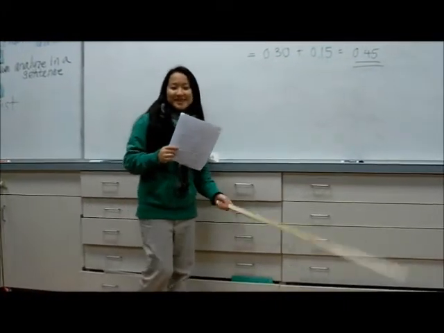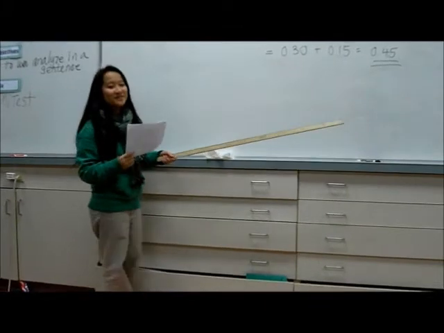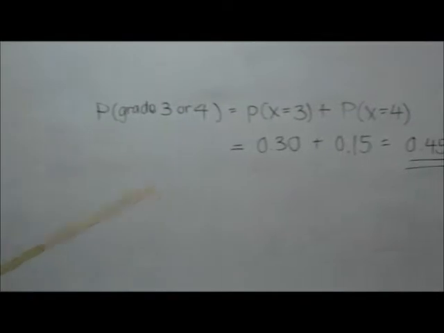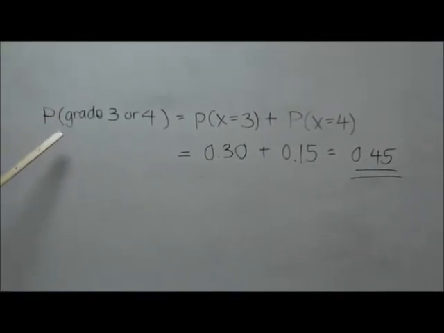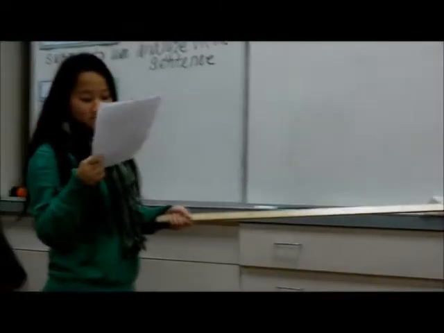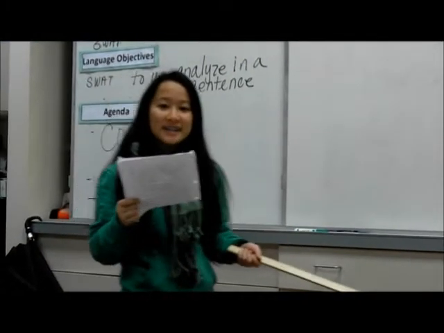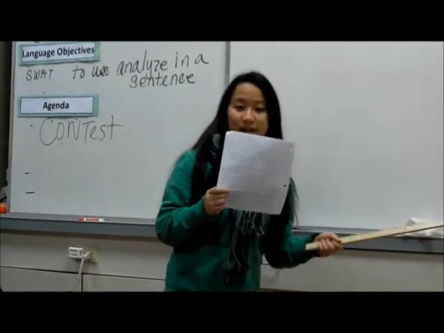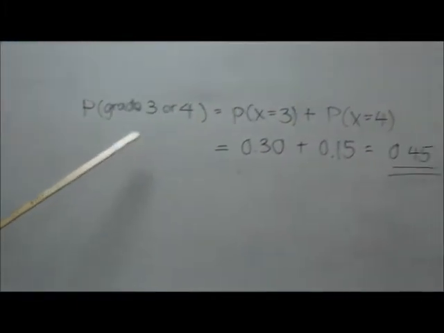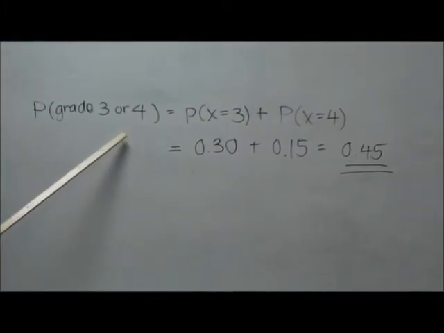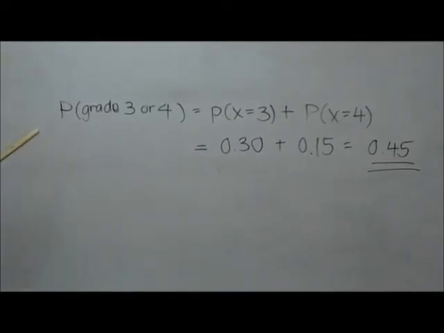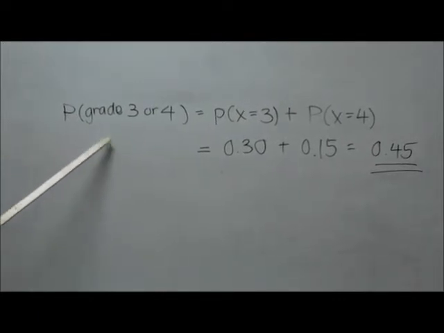Since I see that most of the groups are struggling with this problem, I'll be solving it on the board. We're trying to find the probability that a student got a B or better. B represents 3 and a letter grade of A represents 4. So we're trying to find grade 3 or 4.